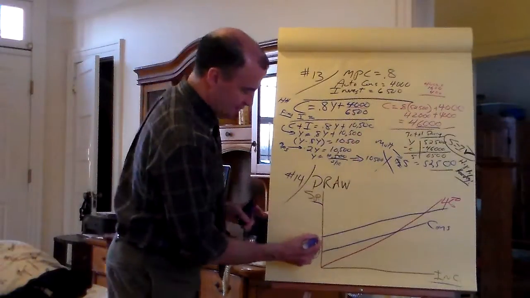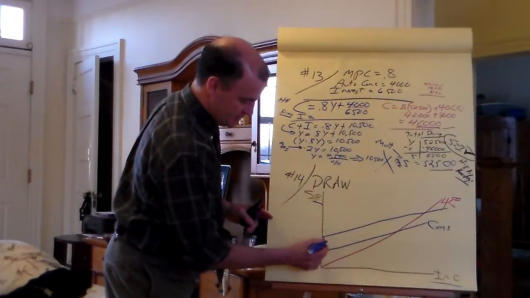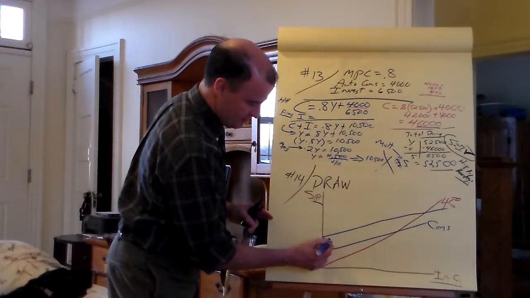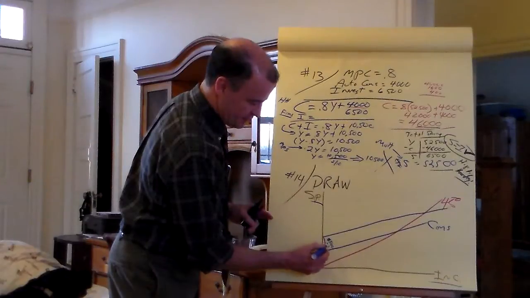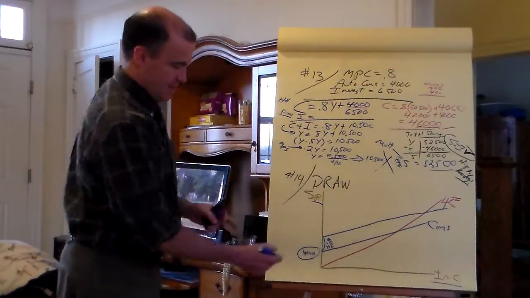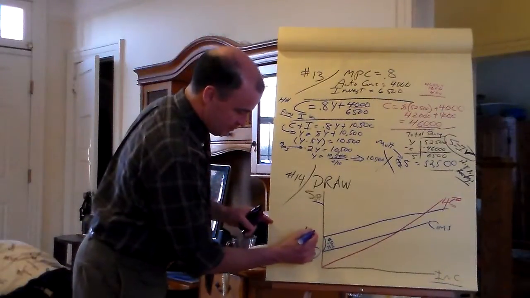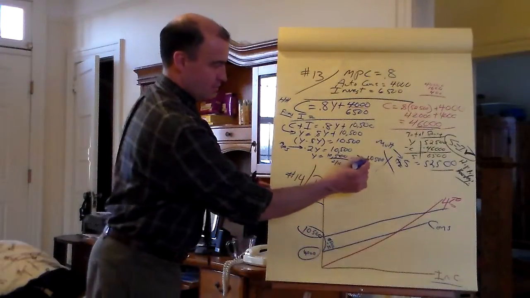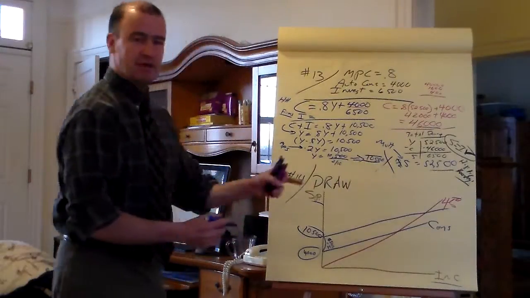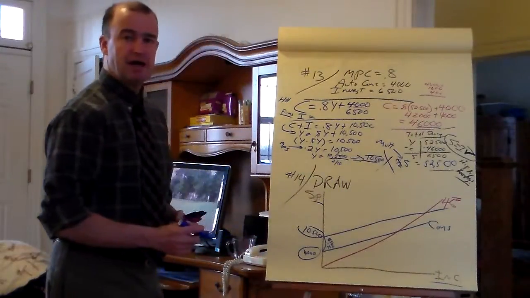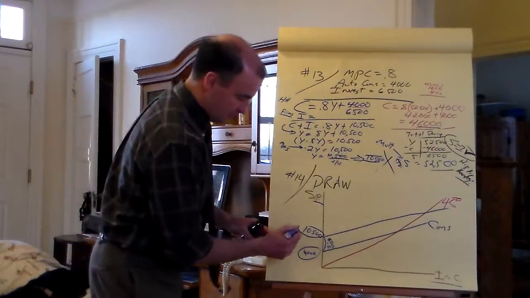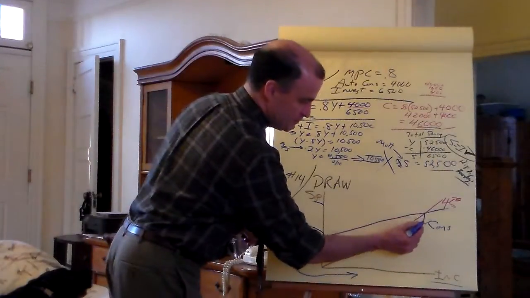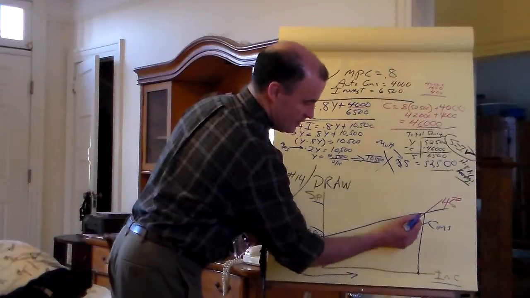We added 6,500 of investment, so 6,500 goes there. Together that adds up to 10,500, which gives me my total autonomous spending, the number I used and multiplied by 5. So it's going to generate an income of 5 times 10,500.